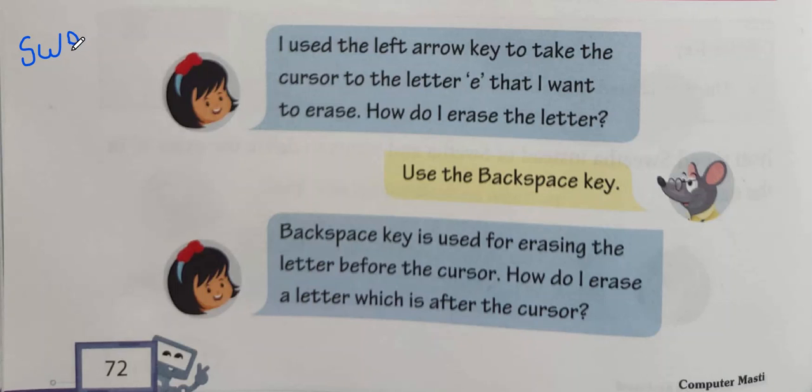So she wants to erase this extra E. Now, we have learned the use of the arrow keys, and with their help we reached one of the E's. Now I want to erase this extra E. How can we erase it?